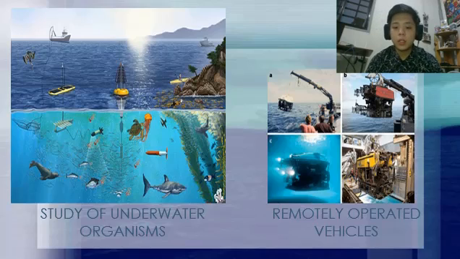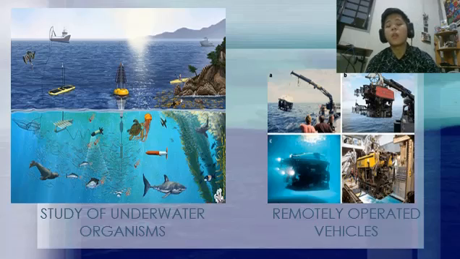So, just like the biological oceanography, the study of underwater organisms plays a significant role since these are the dwellers underwater. So, we need to study them, understand them, and make use of their physiology, physicality, and how they perform underwater.